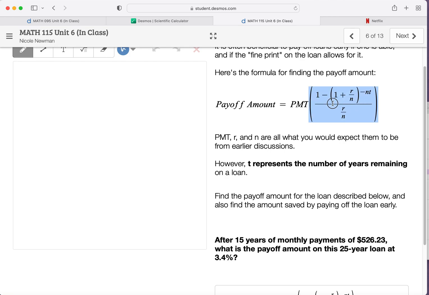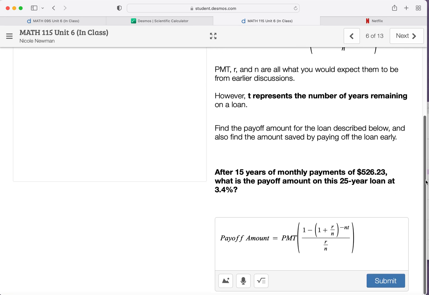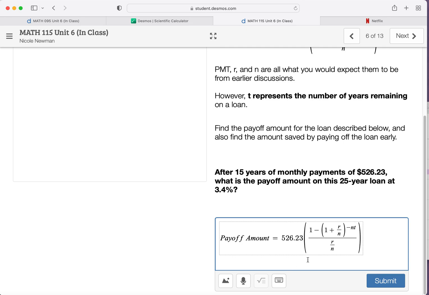So we're going to take this formula, fill in the components, being very, very careful about that exponent up there, using a t-value that is the remaining number of years. So here's the formula. Let's fill in that payment. It is $526.23. The interest rate is the same as it was before, the 3.4%, so 0.034.